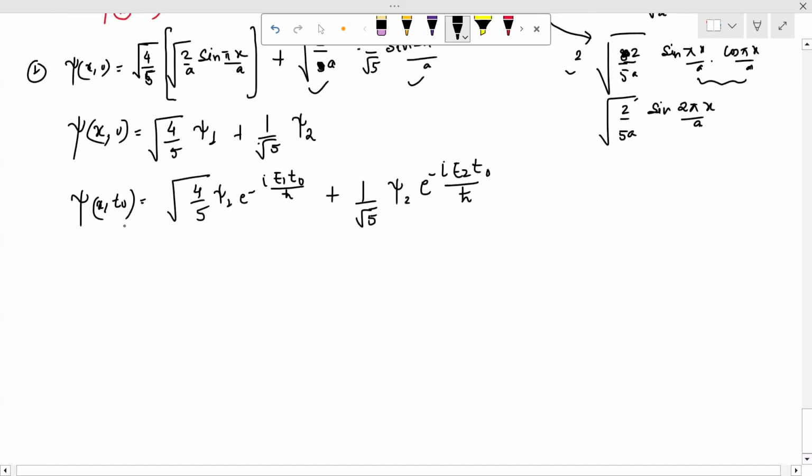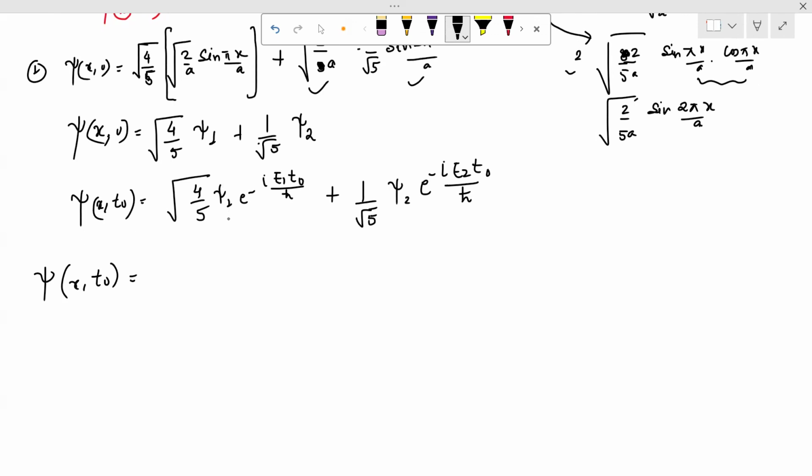If you want to express it in a more rigorous way, then psi of x comma t naught will simply equal what? Psi 1 is root over 2 upon a, so it will again become root over 8 upon 5a, exponential of minus iota pi square h bar square upon twice m a square, and this h bar cancels, h bar only here, and then this t naught, and then simply sine pi x upon a.